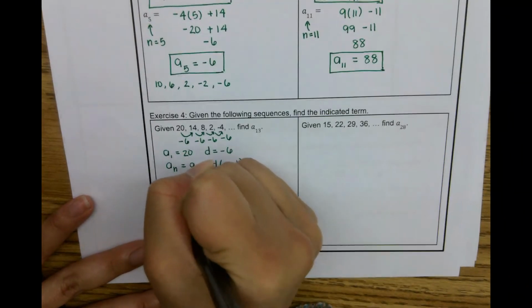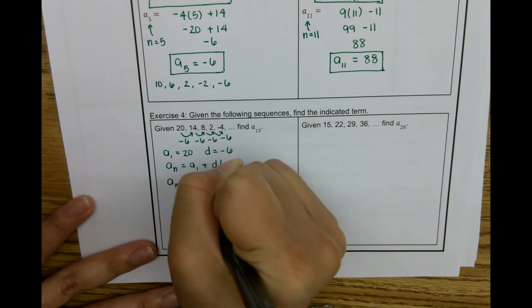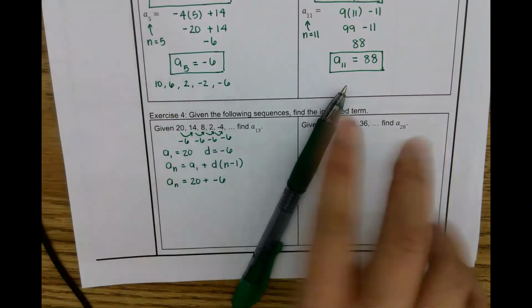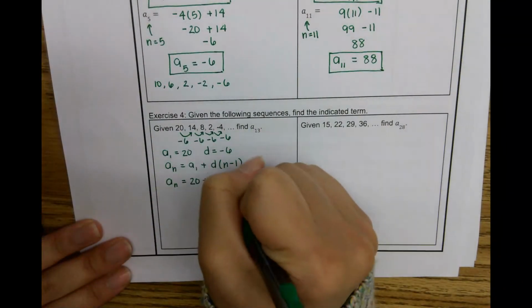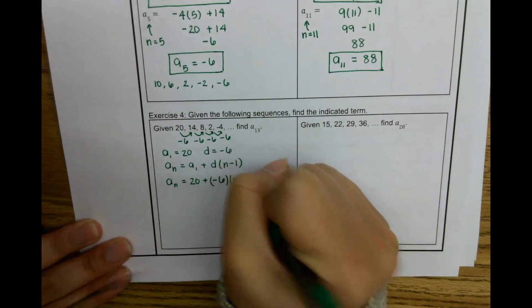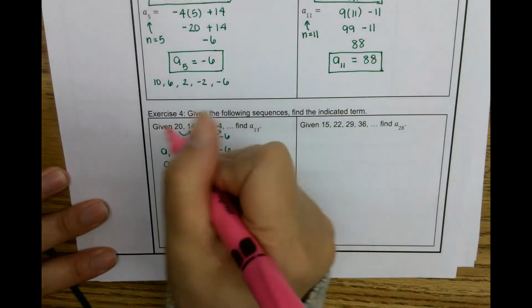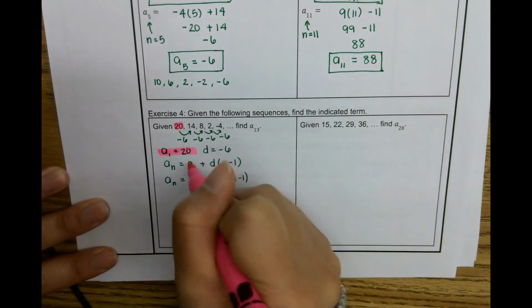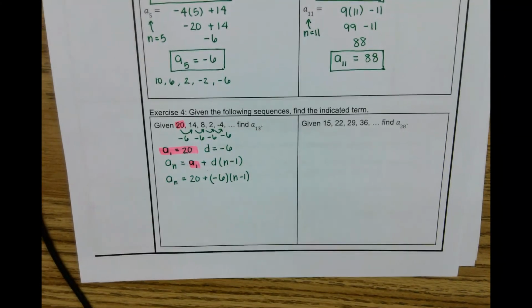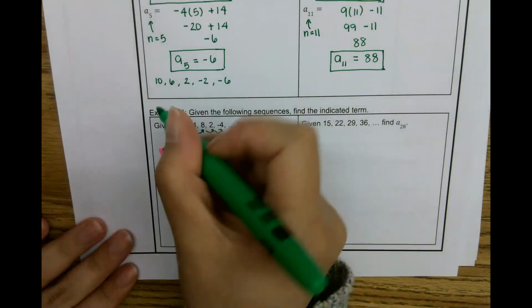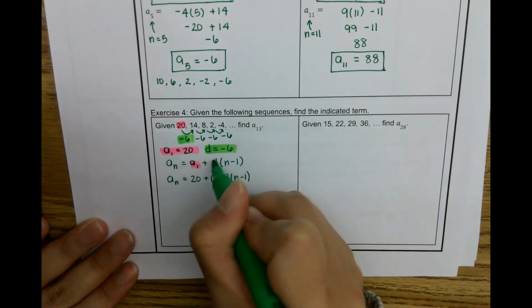So a sub n equals my first term 20 plus my common difference, which is negative 6, times n minus 1. So how I got everything: 20 is here. Common difference is here. I noticed the pattern was subtracting 6.